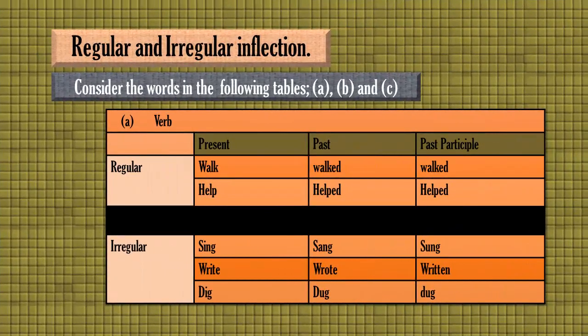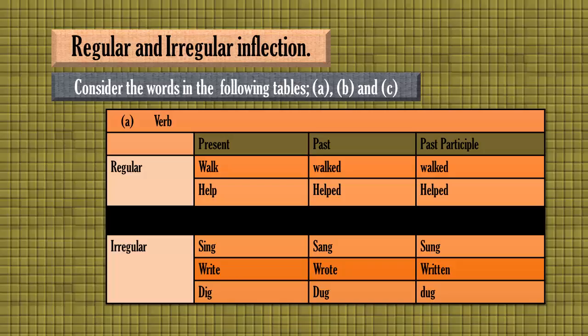The inflection in regular verbs, regular nouns, and regular adjectives is termed regular inflection, whereas the inflection in irregular verbs, irregular nouns, and irregular adjectives is termed irregular inflection.